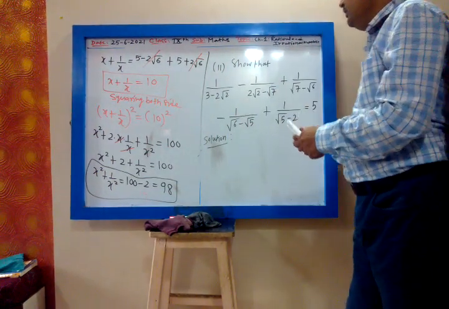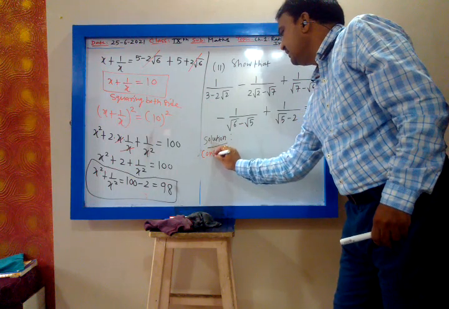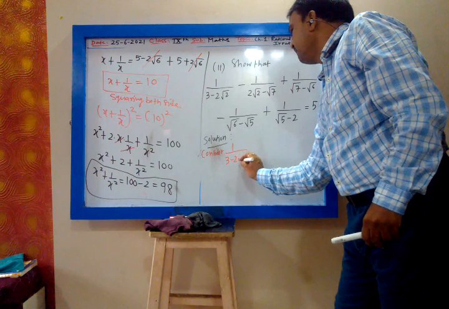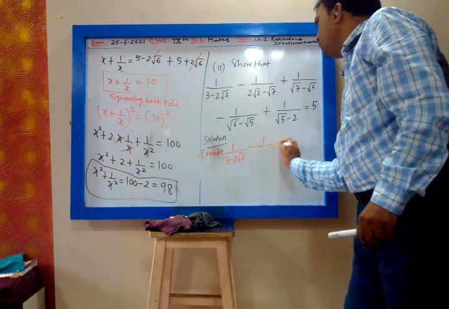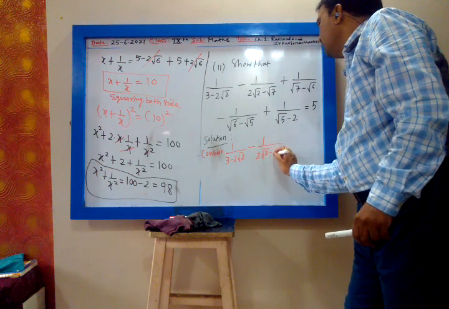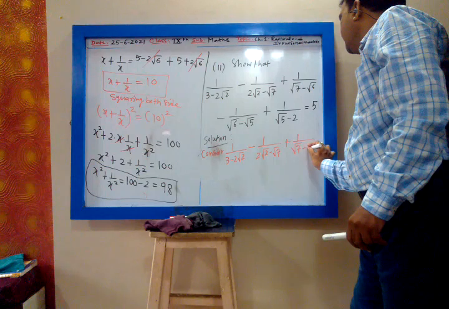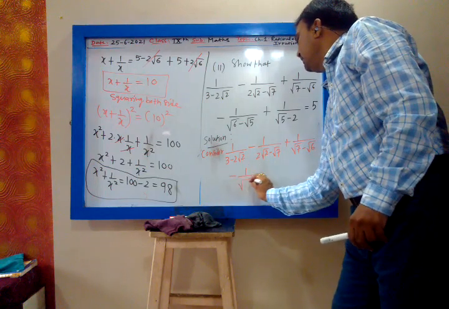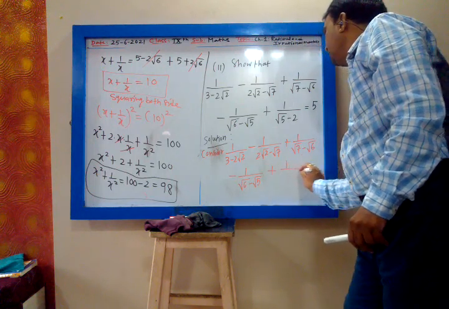So what you will do? Consider this left hand side. Consider 1 upon 3 minus 2 root 2, minus 1 upon 2 root 2 minus root 7, plus 1 upon root 7 minus root 6, minus 1 upon root 6 minus root 5, plus 1 upon root 5 minus 2.